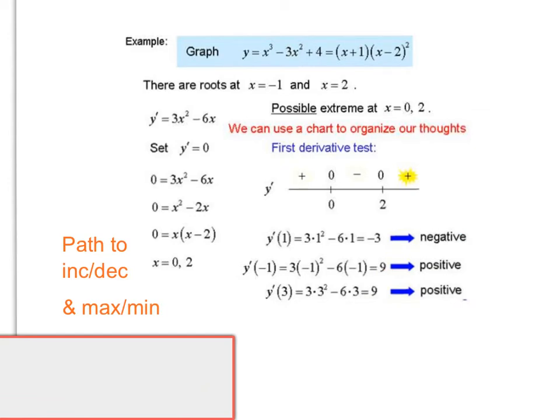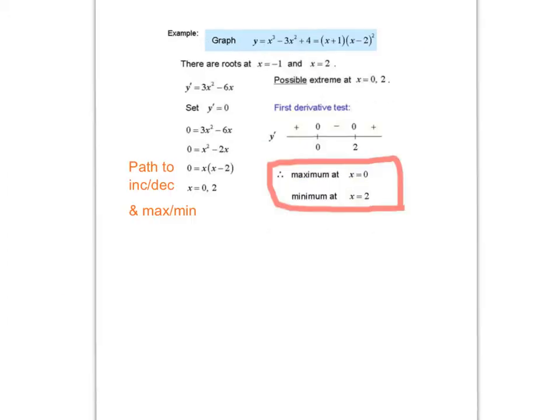This is a different way to substitute things in. We're substituting them into the 3 times x squared minus 6 times x. But like I said, that's perfectly acceptable to do.